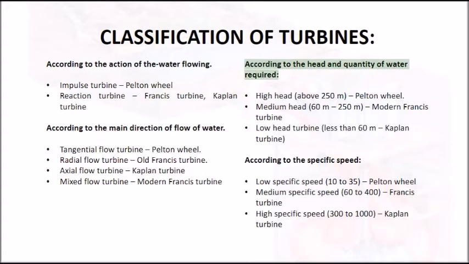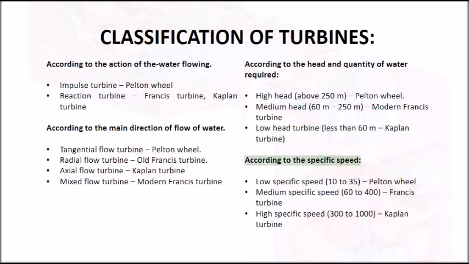According to the head and quantity of water required: high head, above 250 m, Pelton wheel; medium head, 60 m to 250 m, modern Francis turbine; low head turbine, less than 60 m, Kaplan turbine.